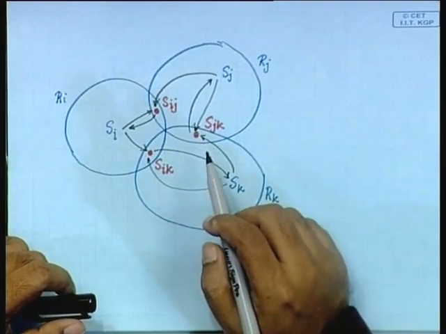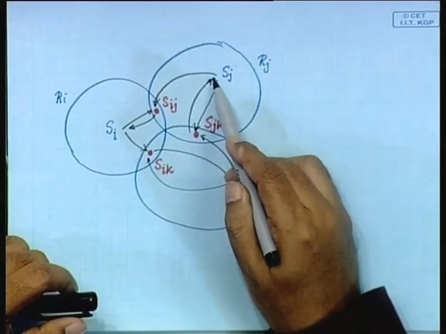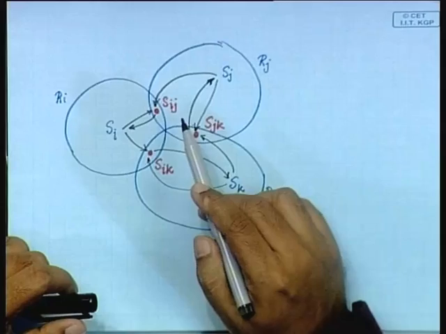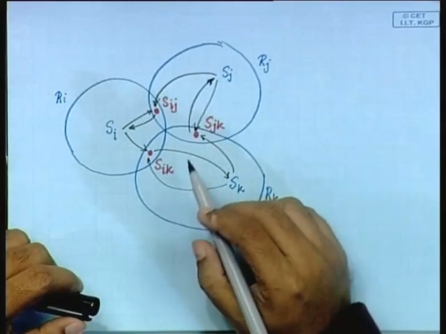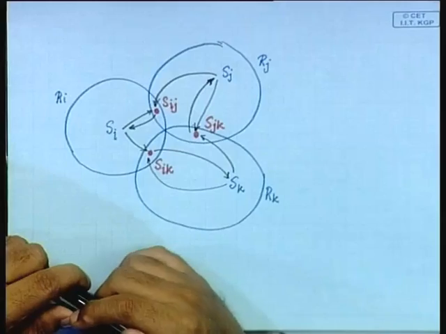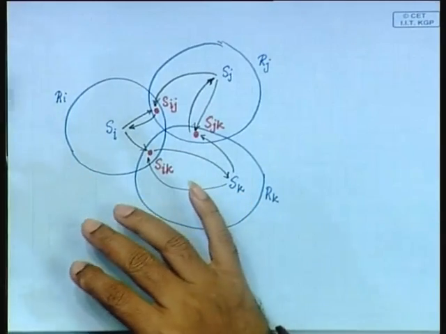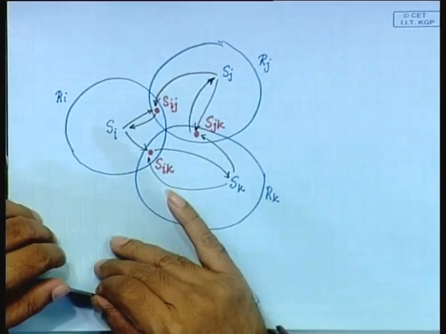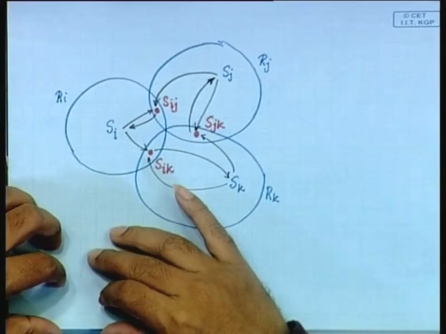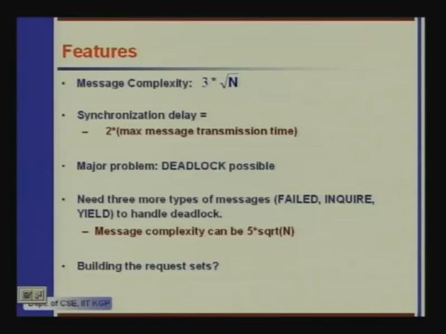And now, if we assume that we have low load conditions and that deadlock is a very special situation which can only happen rarely, then what is the number of messages that we are having to send? What is the complexity? 3 into root n.